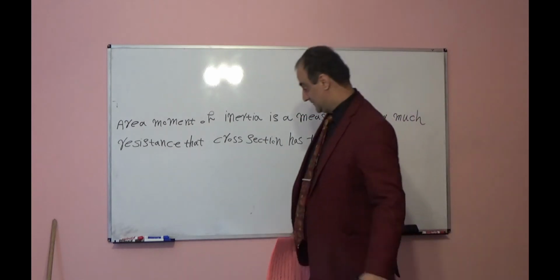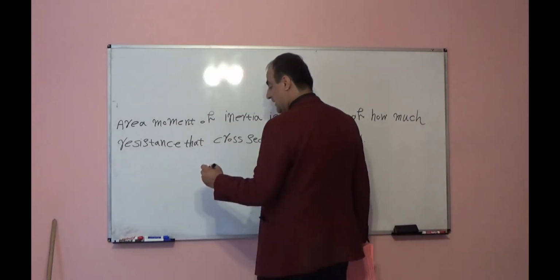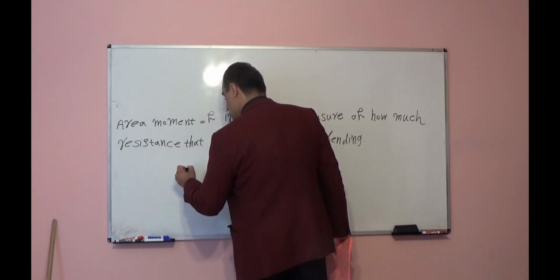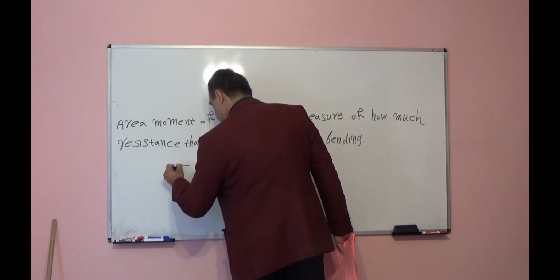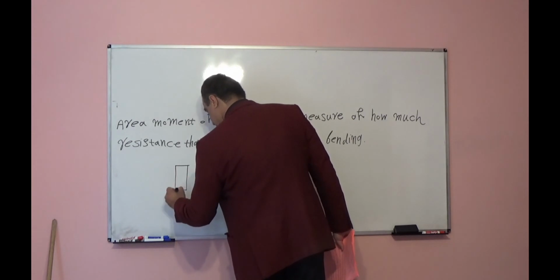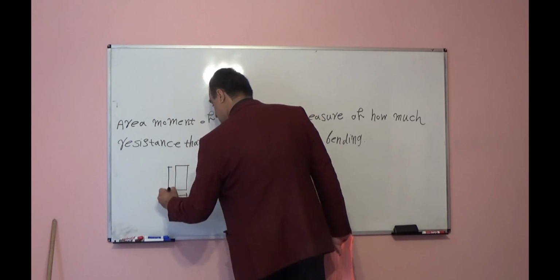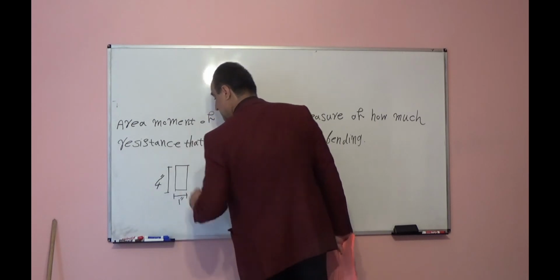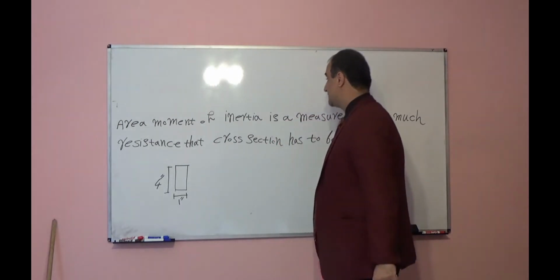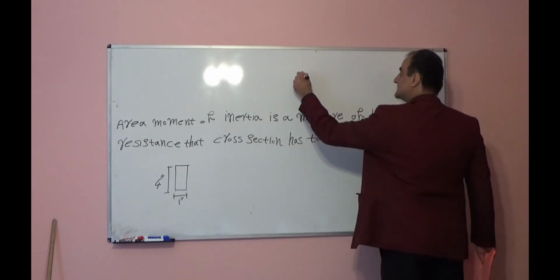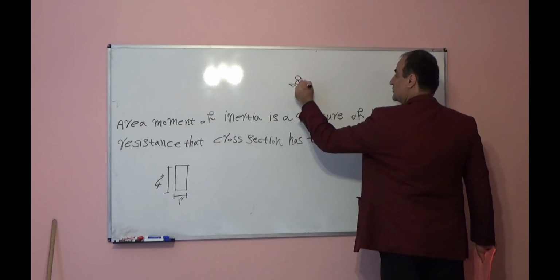What does that mean? Assume we have one lumber or beam from wood and the cross section is rectangular. For example, the cross section is 1 inch by 4 inch. And you use this lumber in order to cover one span, a simply supported beam.